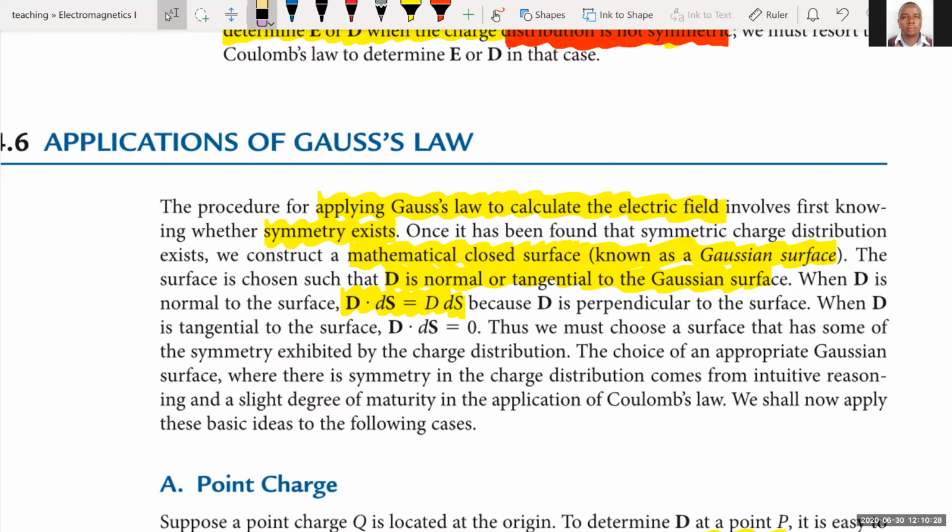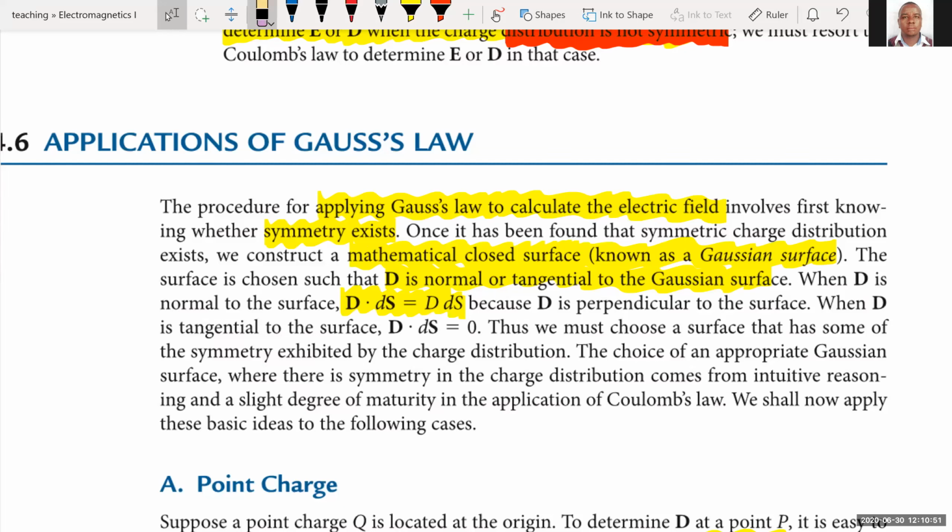Then applications of Gauss law. You see now that the procedure for Gauss law to calculate the electric field involves first knowing whether symmetry exists. That is a point we have overemphasized in our introduction to Gauss law.